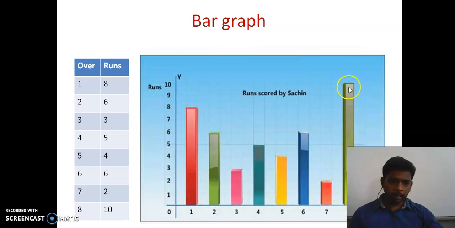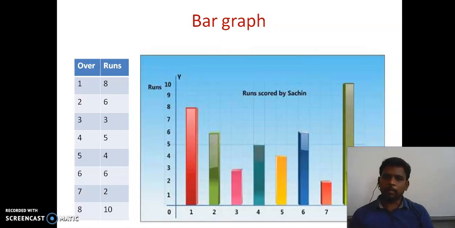The final bar indicates that in eighth over the runs hit by Sachin is nothing but 10. That's why it stopped at exactly 10 here, right? So that is the example to represent the given data in the bar graph.